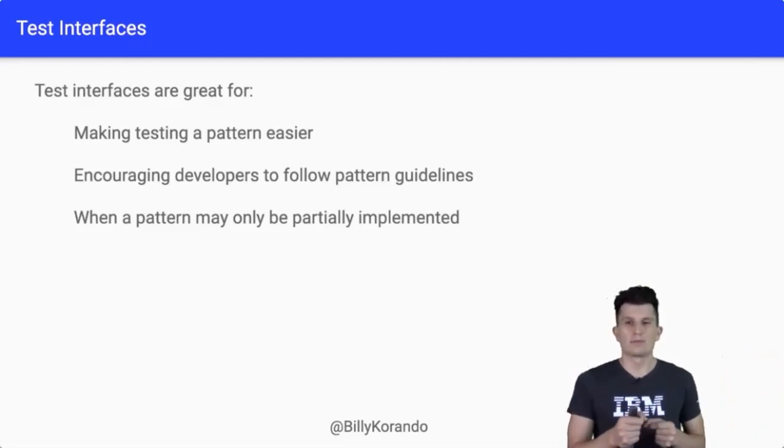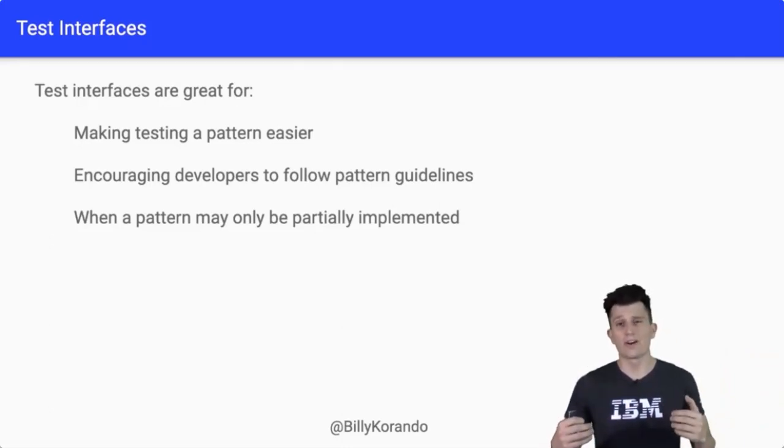But the problem with abstract tests is you have to implement everything from that class. With interfaces, you can selectively break apart some sort of pattern and then allow developers to implement whatever interfaces make sense for implementing or testing that pattern.